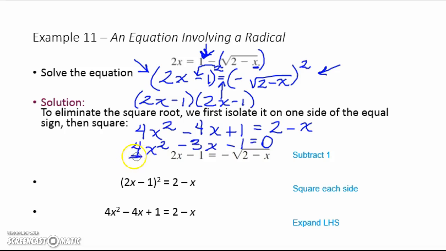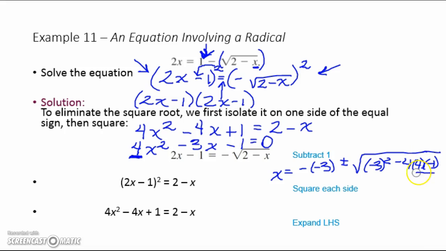This is probably a good candidate for the quadratic formula. So let's just try that. I'm going to squeeze it in here. We have negative b plus or minus the square root of b squared minus 4 times a times c all over 2 times a.